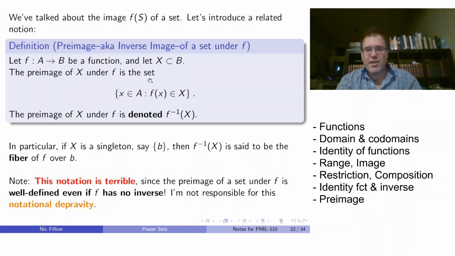The preimage is perfectly well defined, even if f doesn't have an inverse, okay? Which is why I prefer the pre-image rather than the inverse image. And I would also like it if we dropped that notation, but that's the notation that's used everywhere, okay? So just keep in mind the pre-image is defined even if the function has no inverse.